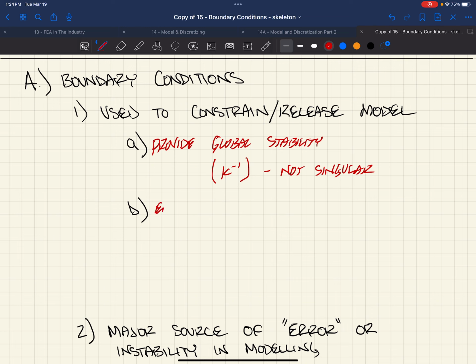Also, we want to ensure the behavior we're modeling matches as close as possible to the mathematical model.